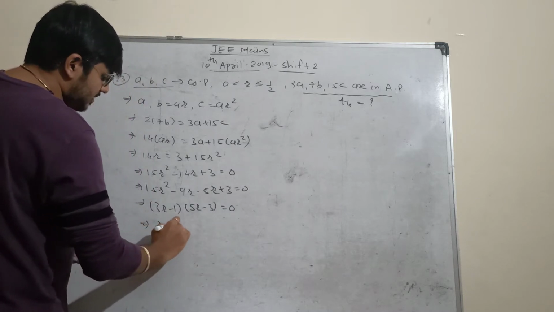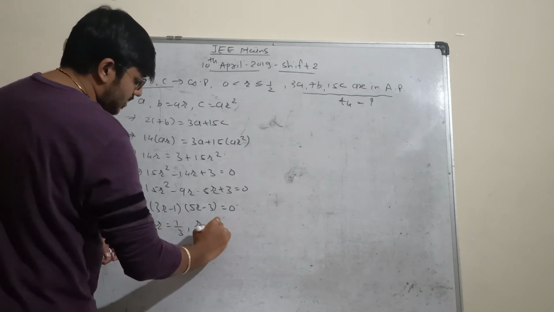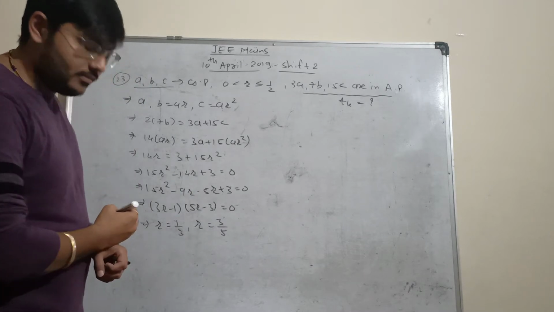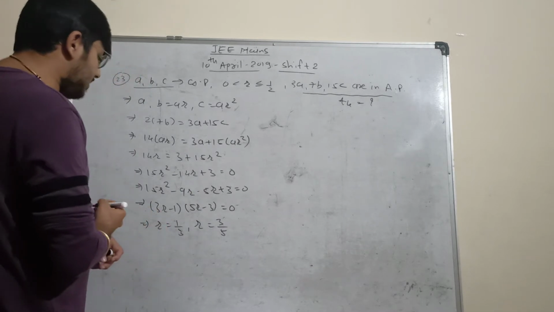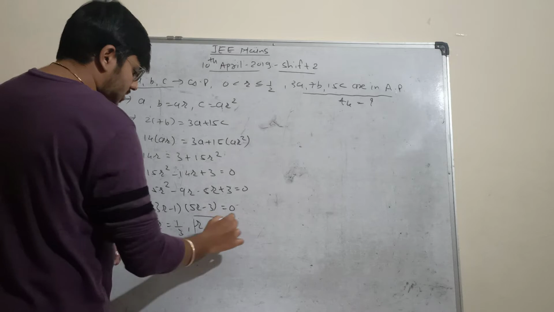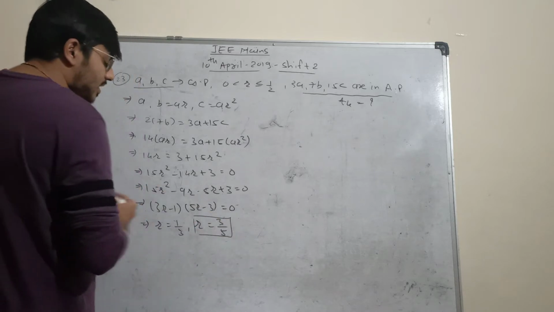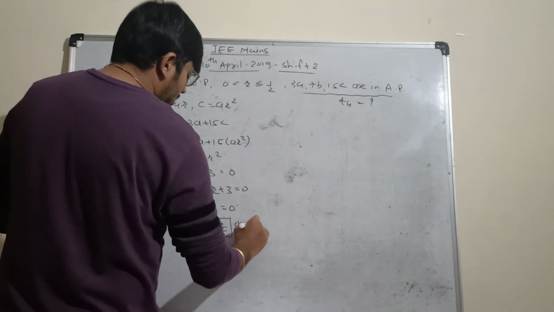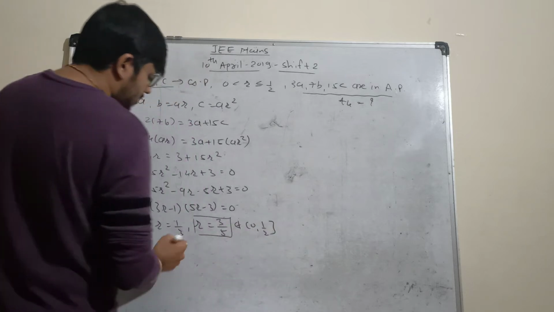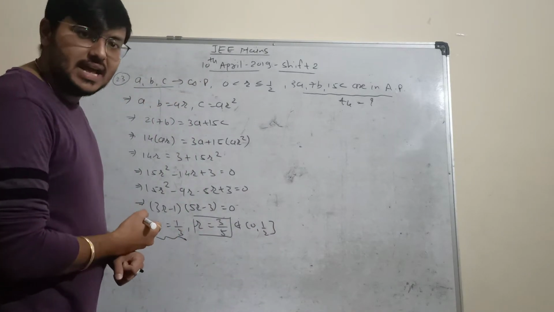So r equals either 1 by 3 or 3 by 5, right? Now r equals 3 by 5 is not possible because it does not belong to the range 0 to 1 by 2. So r equals 1 by 3 is the only answer, right?